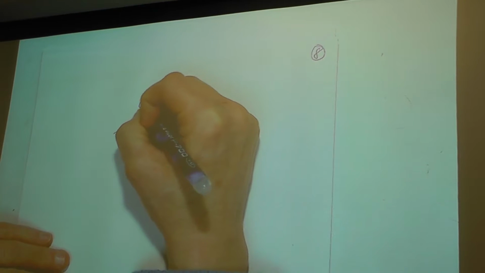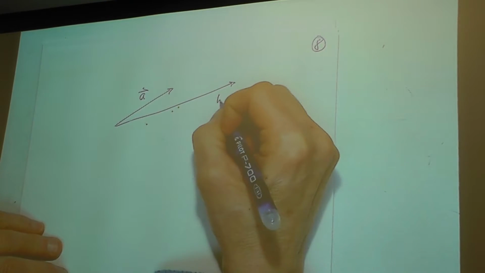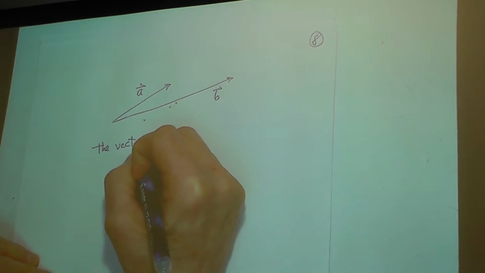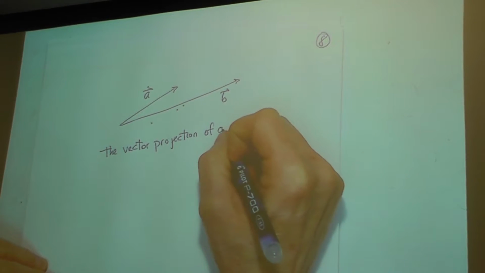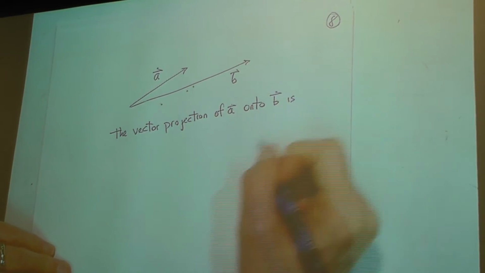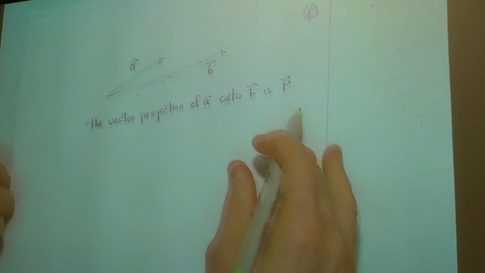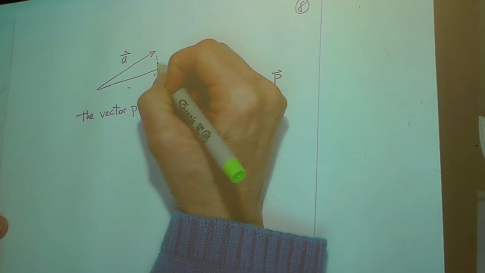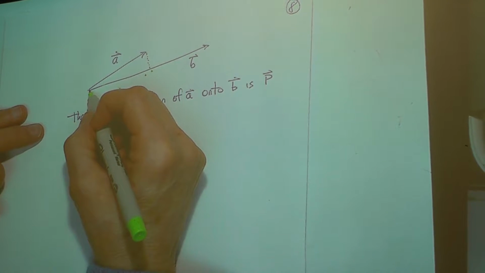If this is a vector A and this is a vector B, the vector projection of A onto B is, and I'll call that vector P, and what I would do, I'm projecting from A onto B. I'm going to drop a perpendicular down from the end of A, and mind you, my vectors are tail to tail.